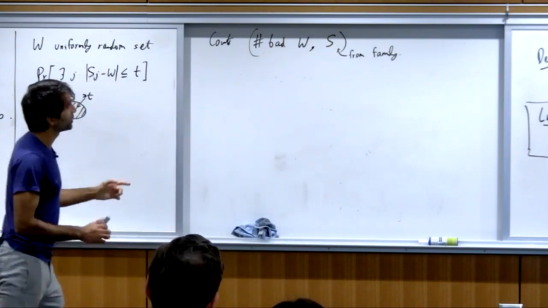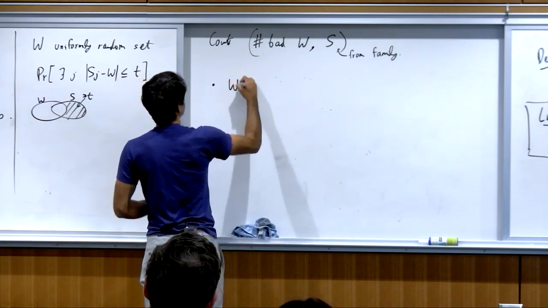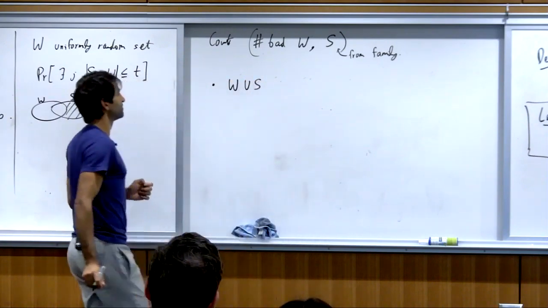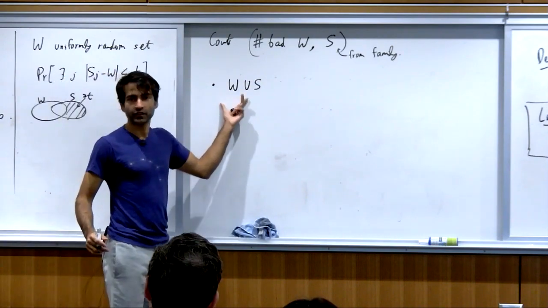The way I'll count this is, first, let's count the number of options for W union S. This is just some set in the whole universe.